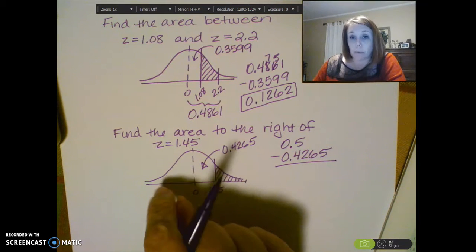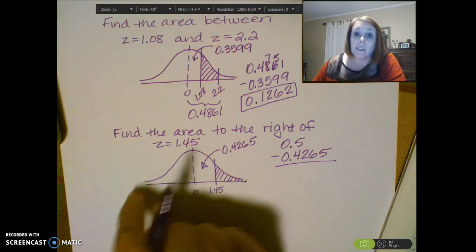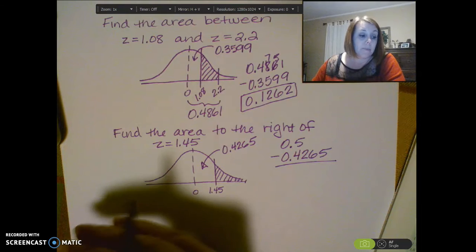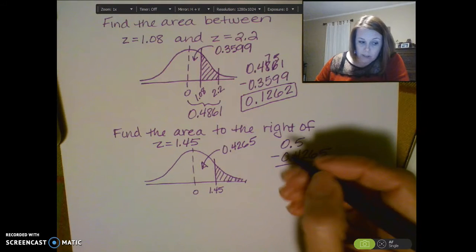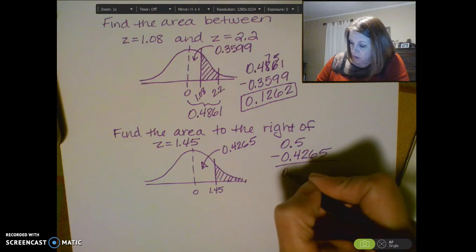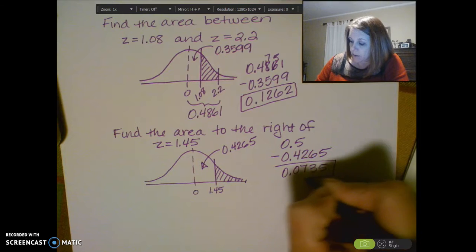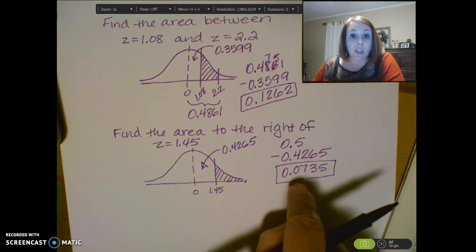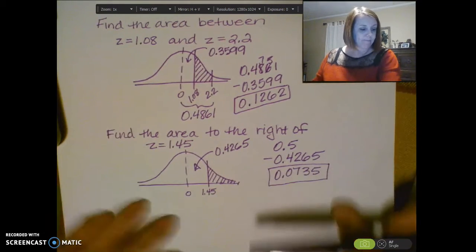Keep in mind that a similar question in this case would say find the area to the left of a negative value, so that it pushes the area into the tail, not nearest the mean. All right, so in this case, when we subtract, we end up with 0.0735 for that area. There will be times that we start to think of these decimals as percentages. You'll see that a little later, but it's not quite time for that yet.